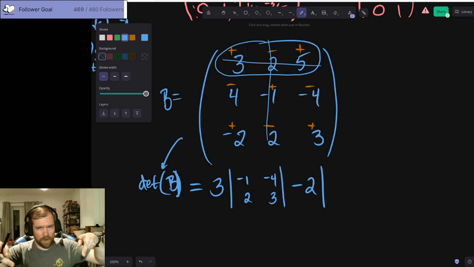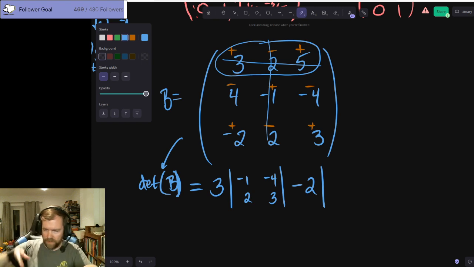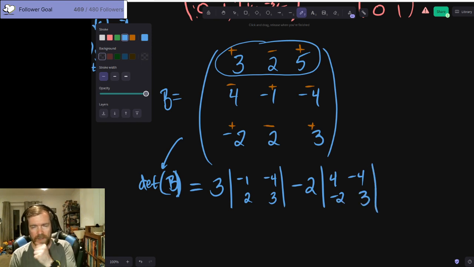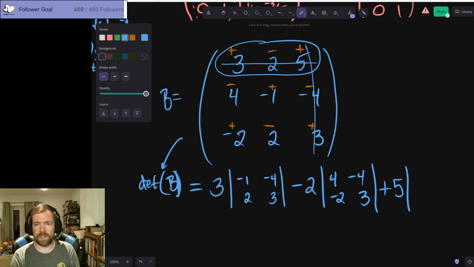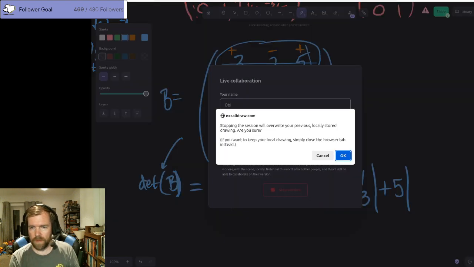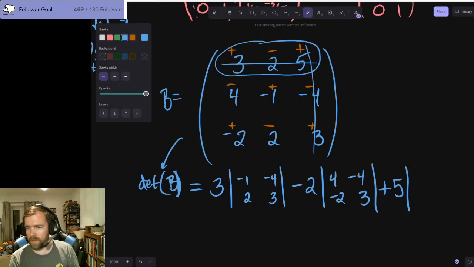So 4, -4, 3, -2. And then do the same with the 5. We get a +5 times the determinant of the 2x2 matrix that's left over when we cross these things out. So 4, -1, -2, 2.